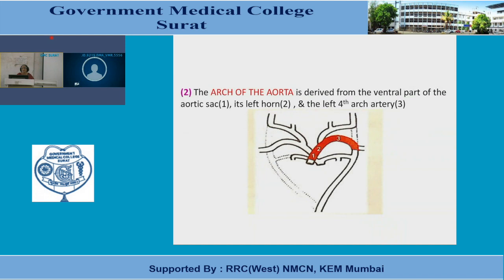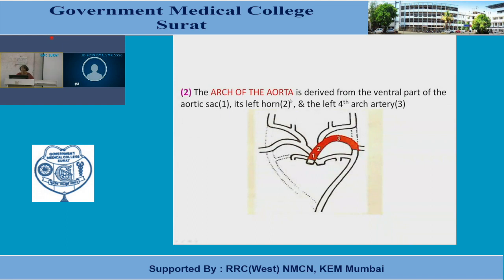All these three connect, constituting portions 1, 2 and 3. This is about the third, fourth and sixth arch. The aortic sac portion, left horn and the fourth arch artery itself, all together form the arch of aorta.